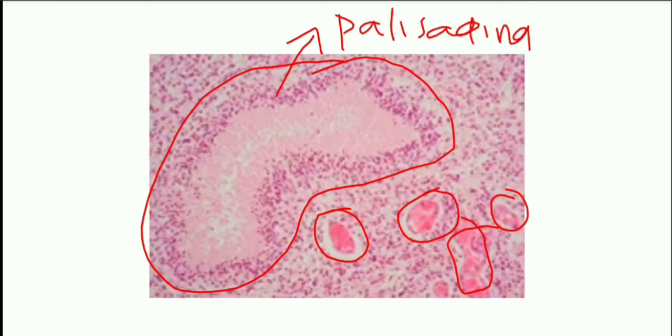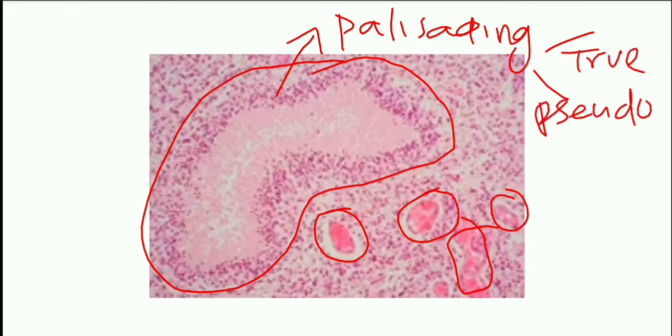So palisading can be of two types. It can be either true or it can be pseudo. Now what you are seeing right here is pseudo palisading. We call it true when it is not induced by anything. Pseudo palisading means this arrangement is because something has induced it.